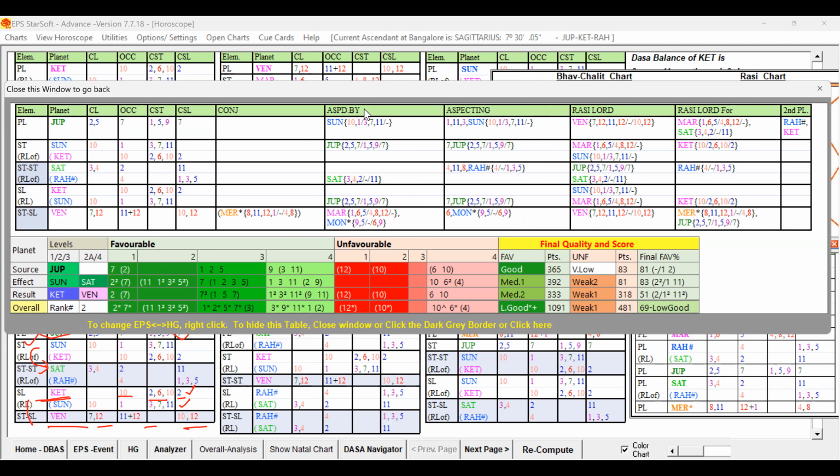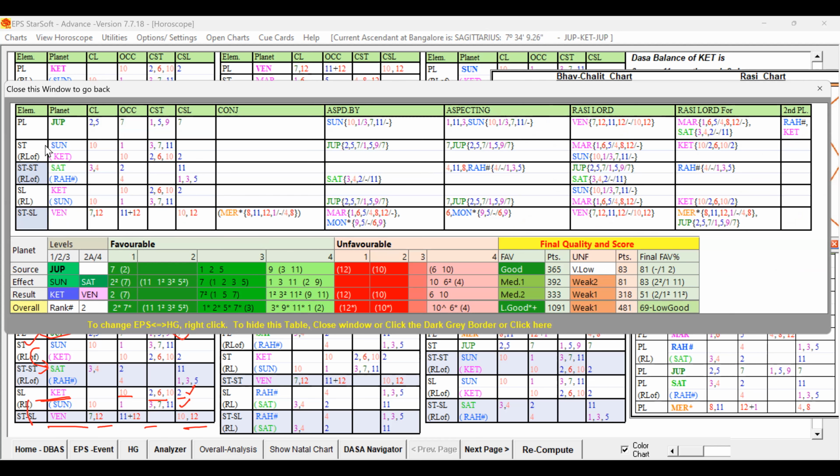You understand? Sun is the ruler, the star lord, no? So Sun is there in the star lord. That Sun is the second planet to the Ketu. So obviously there will be a ruler link. The second planet Sun is the ruler of the other level, so it is forming the ruler link.